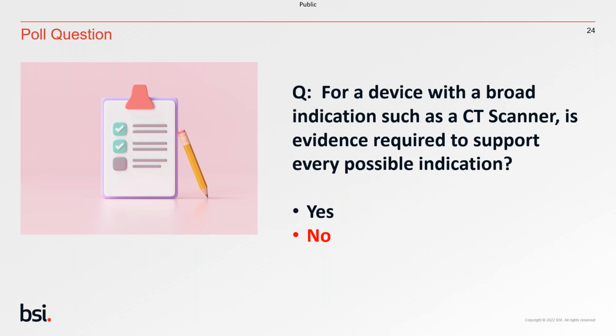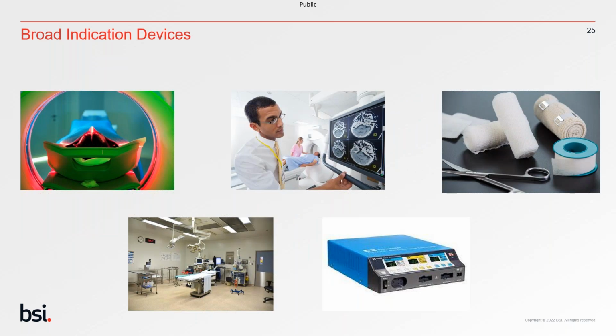Are you going to have it for where it's used maybe to look at some leg or toe issues? Then, are you going to have data from those patient populations? It really is difficult for broad indication devices. And some of these, we see on the screen here, things like diathermy using basic surgical instruments. These things could be used on anyone at any point for any possible reason. And so it is difficult to demonstrate that.